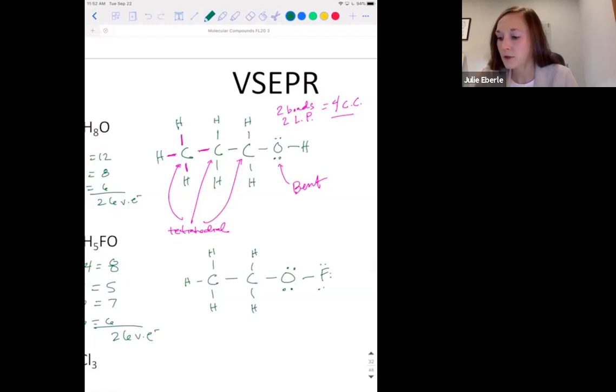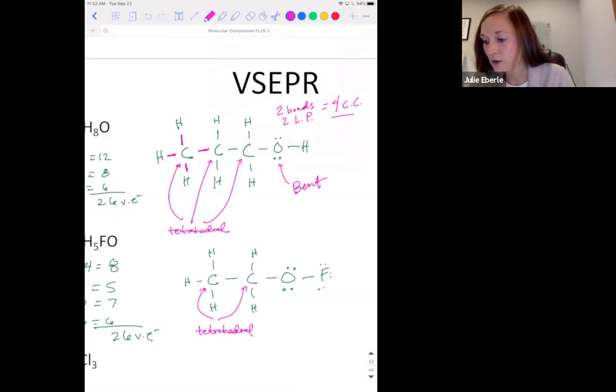So now we're going to name the central atoms. So carbon here and here, 4 single bonds, exactly what we saw earlier, tetrahedral. And oxygen, it looks the same as it does in the first structure, 2 bonds.